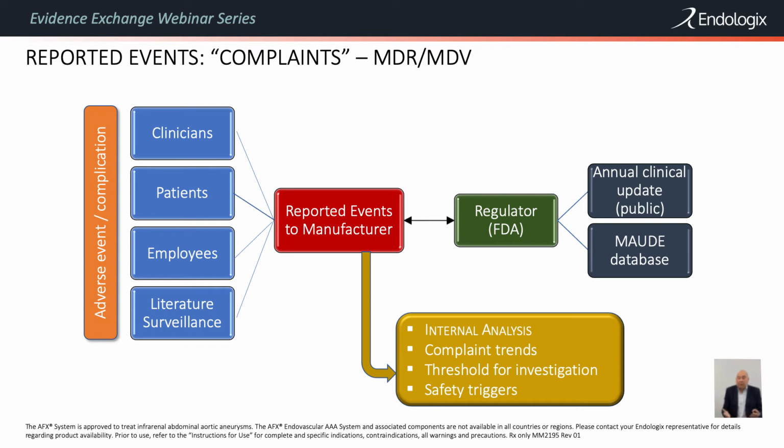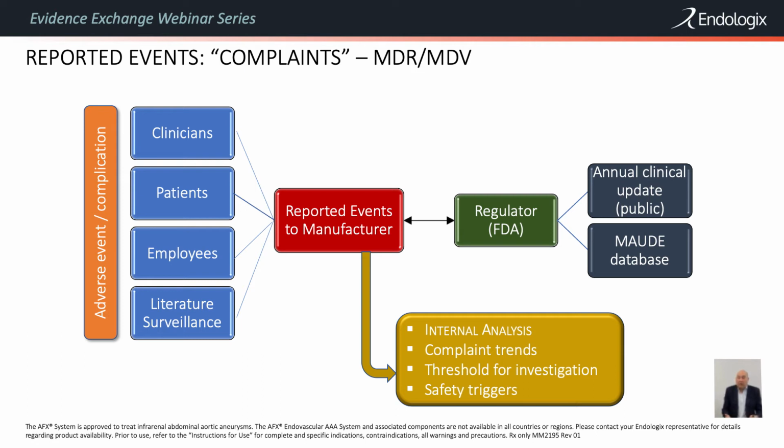So what's supposed to happen is every time anyone sees an adverse event or a complication, and that can be a clinician, a patient, an employee of the manufacturer, or even in the literature, those events are reported to the manufacturer. They're then reported in turn to the regulator, and they're made public, certainly in the US, in the MAUDE database. What we do is we look at an internal analysis of these complaints.